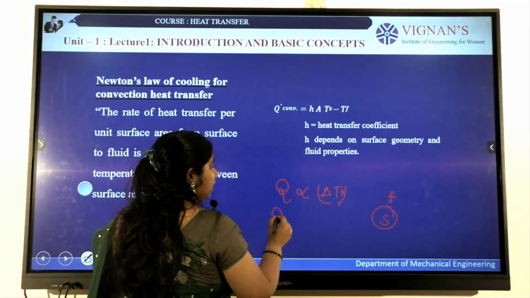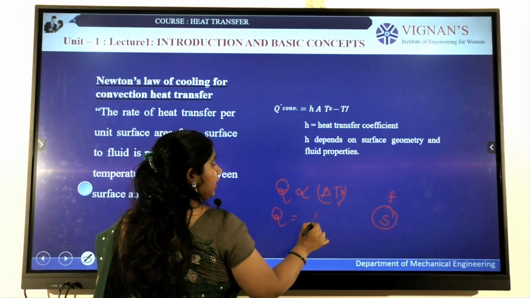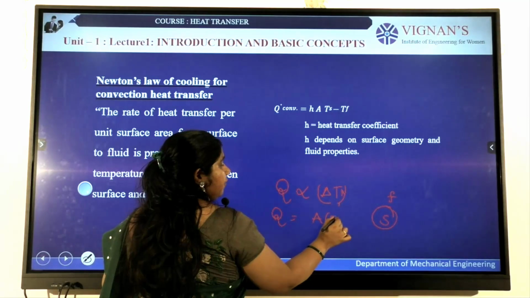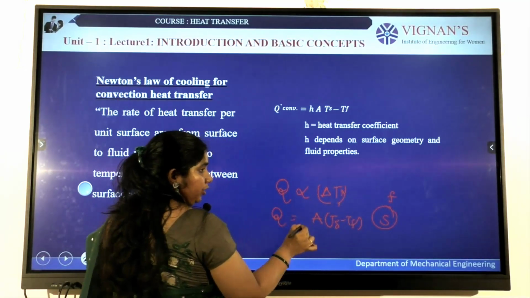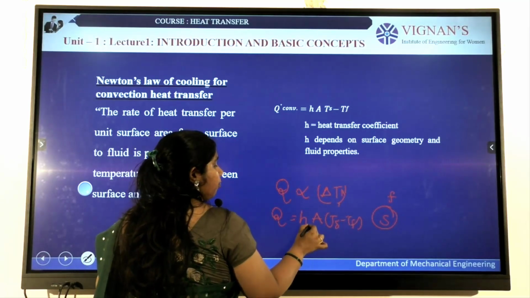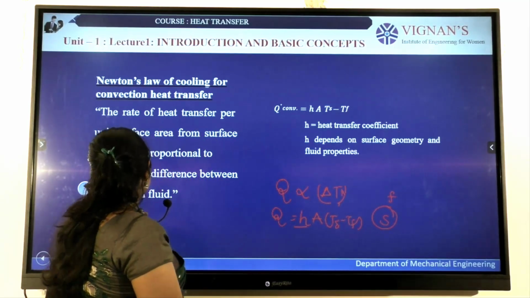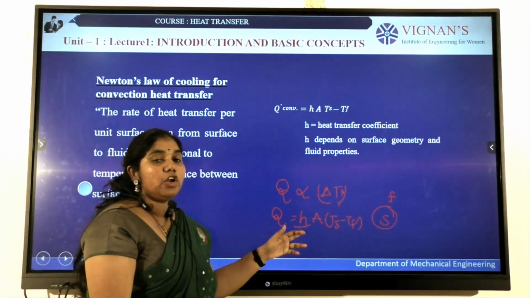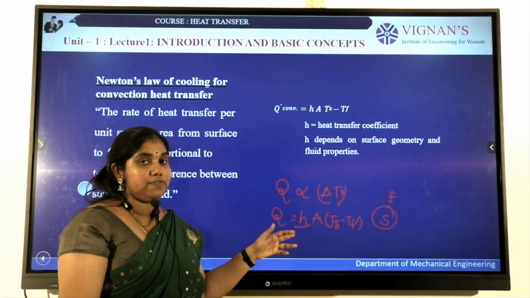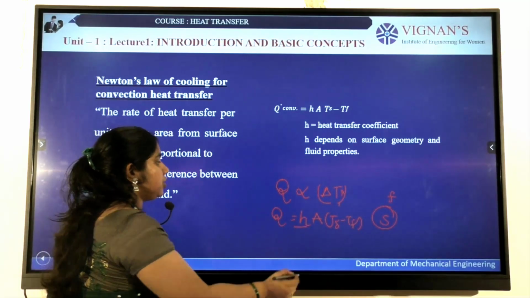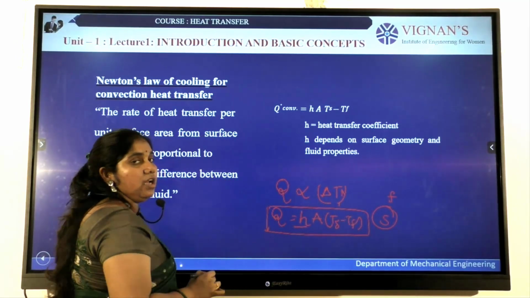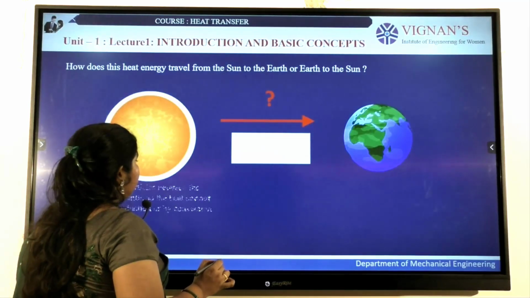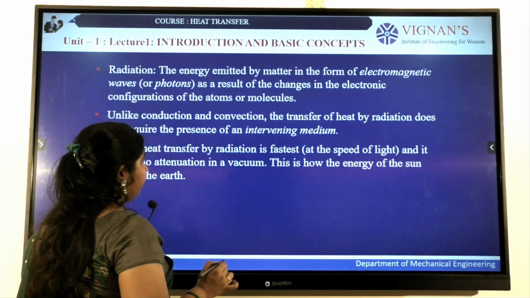If we remove the proportionality sign, per unit area, Q = hA(T_surface - T_surroundings), where h is called the convection heat transfer coefficient. You have to remember this equation for convection.